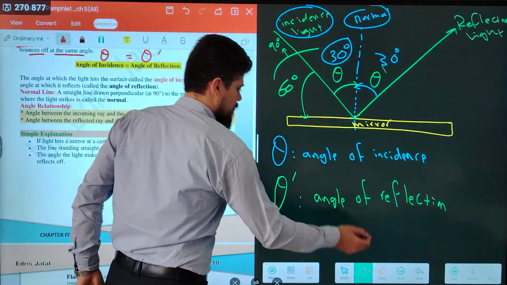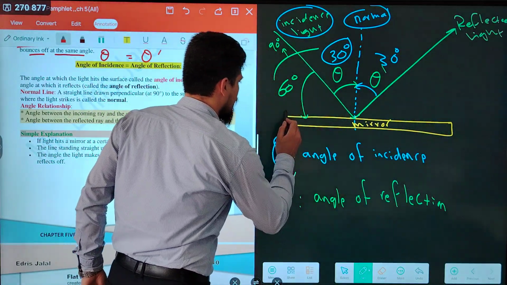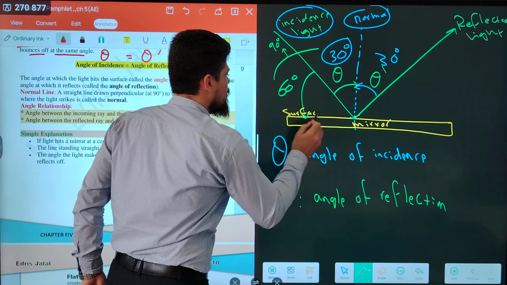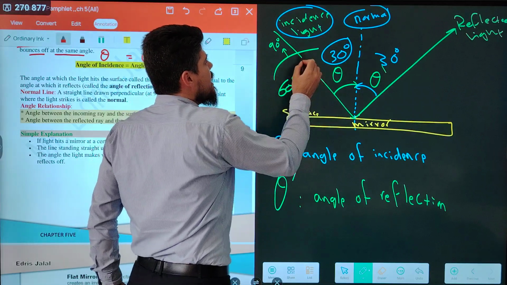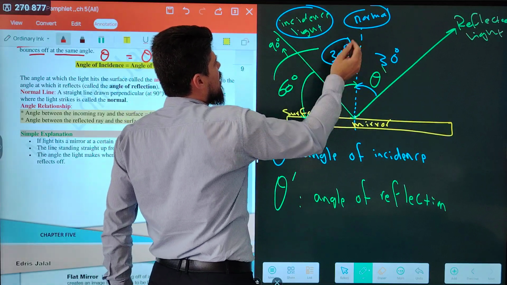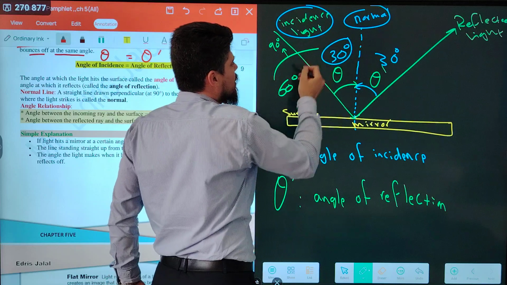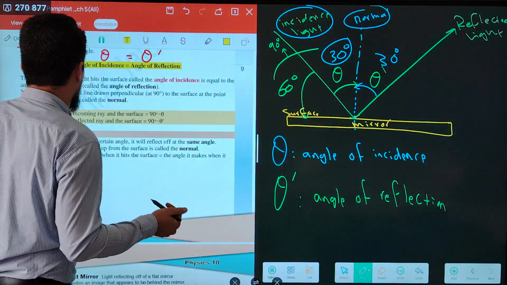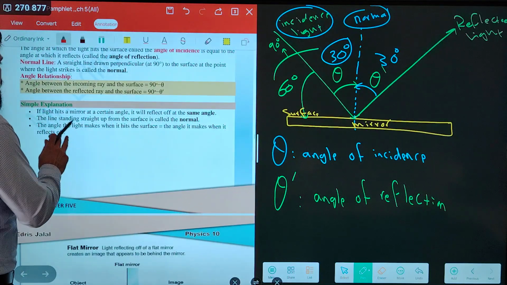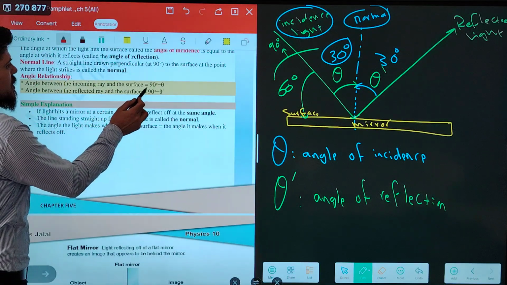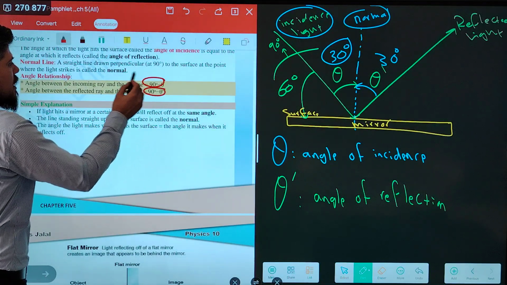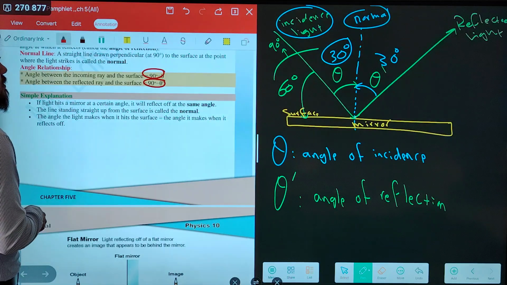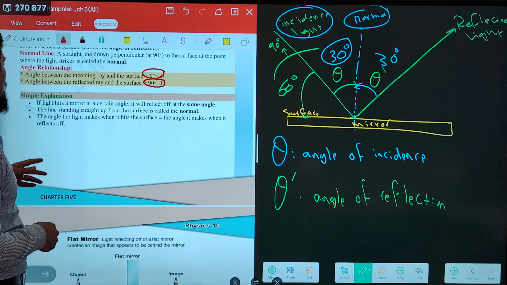This is the surface. The mirror is the surface. If the angle between incoming light and the normal is 40 degrees, the angle of the incoming light with respect to the surface becomes 50 degrees. The angle between the incoming ray and the surface is 90 minus theta, and for the reflected ray with the surface, 90 minus theta prime.